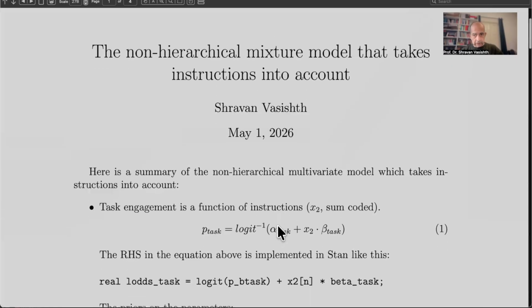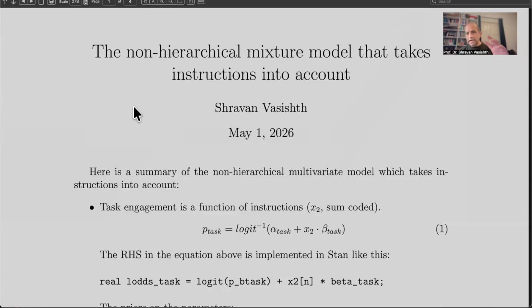So I just made a little note here that explains in full how the non-hierarchical mixture model is set up, how it's defined. And this is the model that takes instructions into account, but it's not hierarchical. I will also relate the model specification to the Stan implementation code so that you can see the connection between the model specifications and the code.